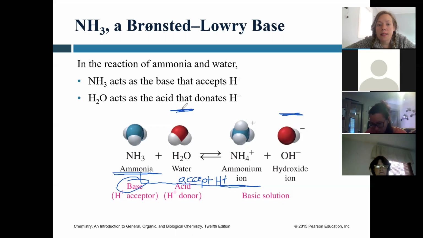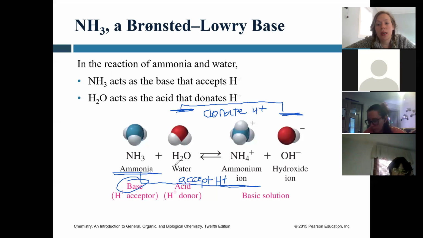The water in this case is doing what? It had two hydrogens, now it has one hydrogen. So this is donating an H plus, and the water is acting as the acid. Indirectly, this material, ammonia, has made OH in solution. It didn't break apart to make OH. It stole a hydrogen from the water, and what was left over was the OH.